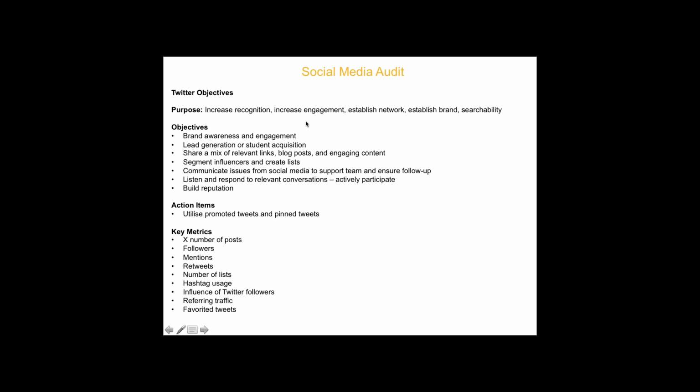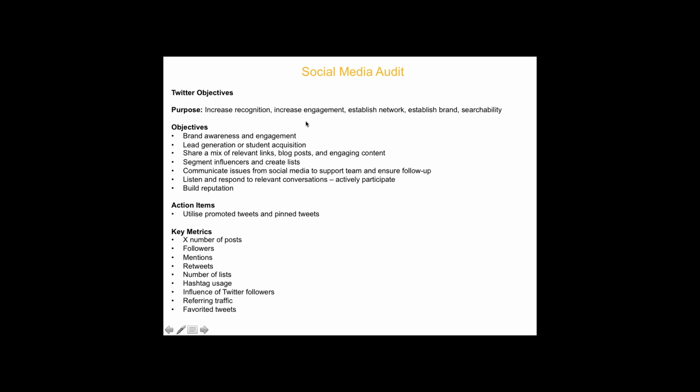Key metrics, so how to measure our Twitter objectives, could be to have X number of posts a day, to have X number of followers follow us or that we follow in a day, to have a certain number of mentions, to have a certain number of retweets.